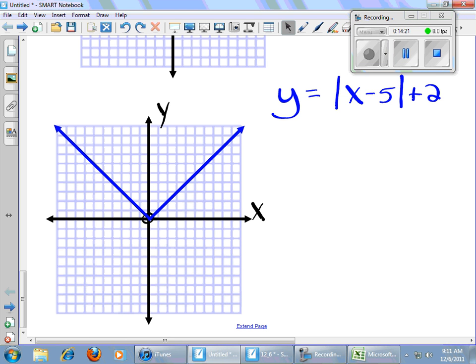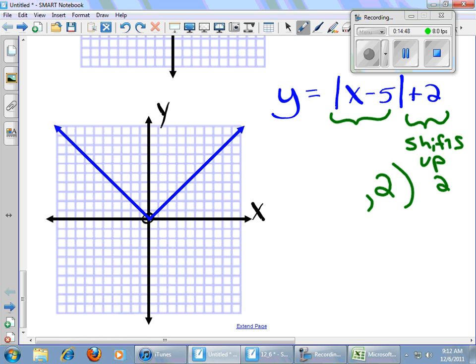Now, remember, we learned in the previous examples that this will shift the vertex along the y-axis. It'll shift it up 2. That'll make the y-coordinate of my vertex positive 2. This one here shifts up 2.